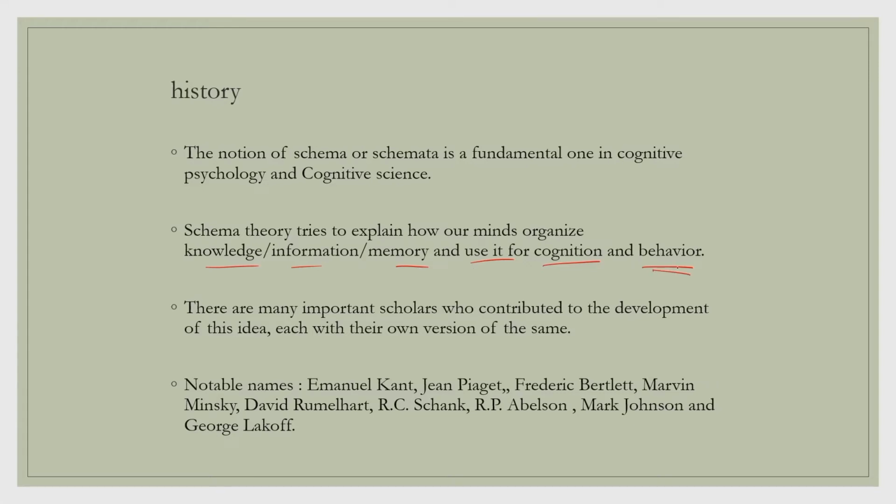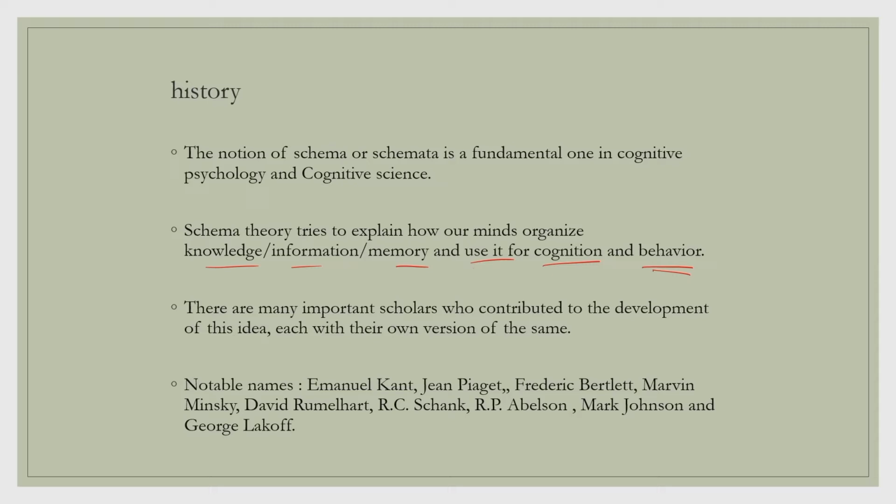So, this is why it is very important to understand the fundamentals of an event, object or a scenario, and this is where the idea of schema comes in. As I said in the beginning, it is not the work of any one person or any one discipline. The understanding of schema and schema theory has been enriched by a number of notable scholars from different disciplines, different fields within cognitive science.